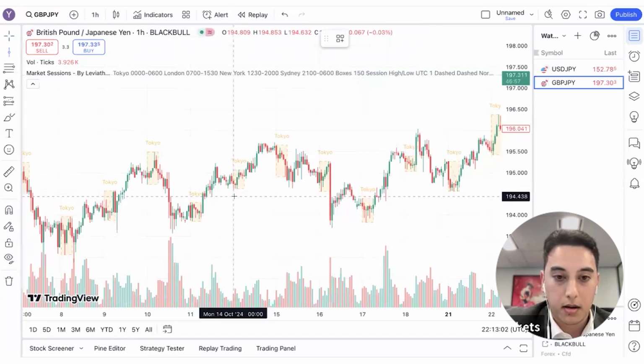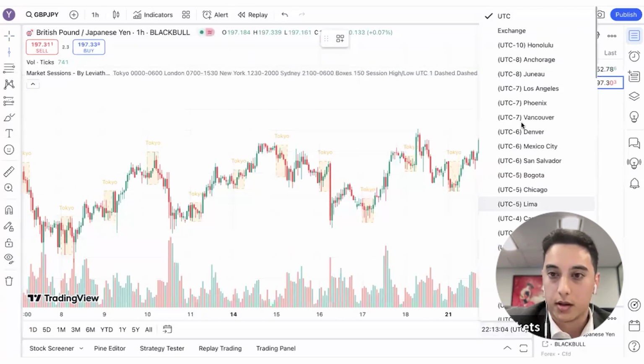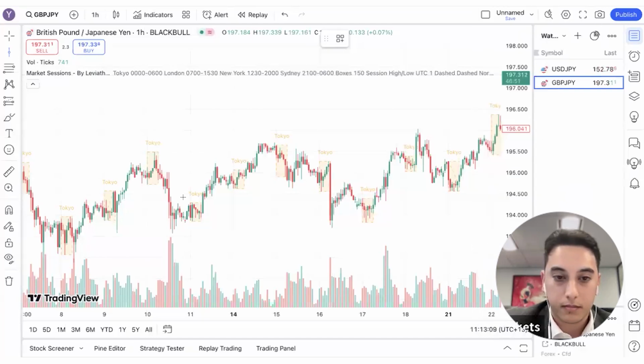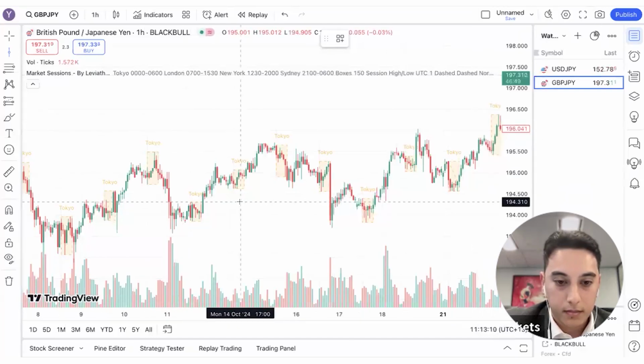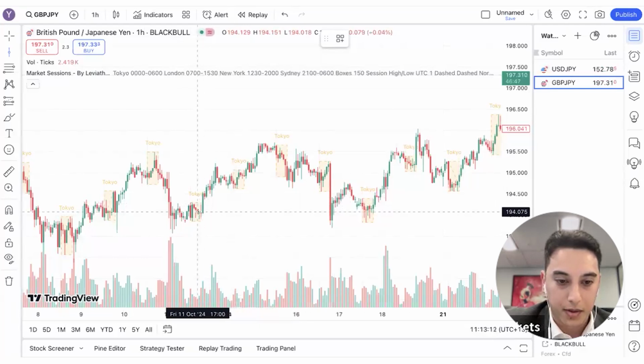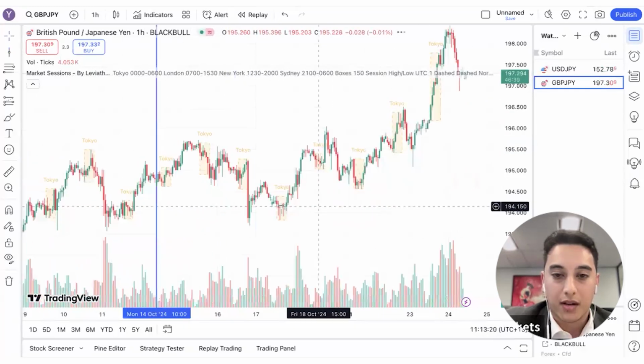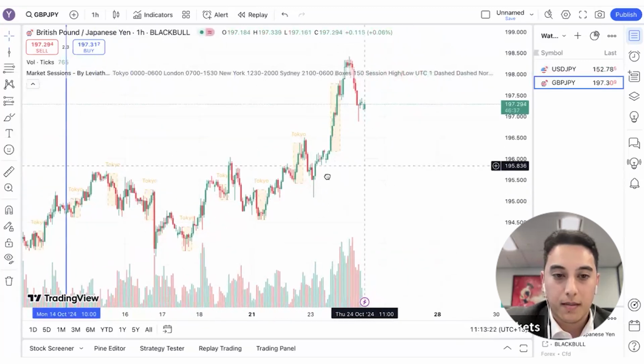This is the Monday. Okay, let's change this to NZ time. I'm looking for the gap. So this is essentially the start of the trading day. It should be around 10 a.m. Yep. Okay. So here is the start of the trading week.